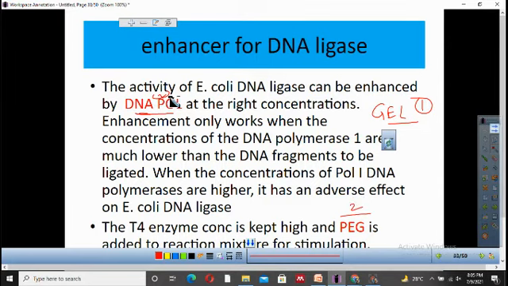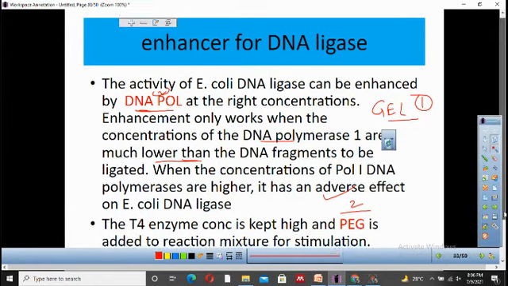For example, the activity of the E. coli DNA ligase can be enhanced by DNA polymerase at the right concentration. Enhancement only works when the concentration of DNA polymerase 1 is much lower than the DNA fragment. See, the condition is there. The DNA polymerase 1 should be in low concentration, otherwise it may have an adverse effect.